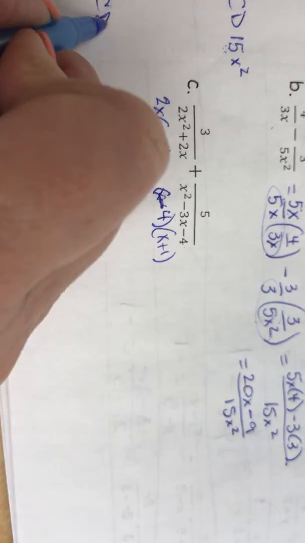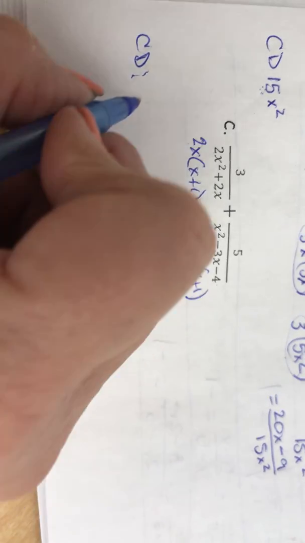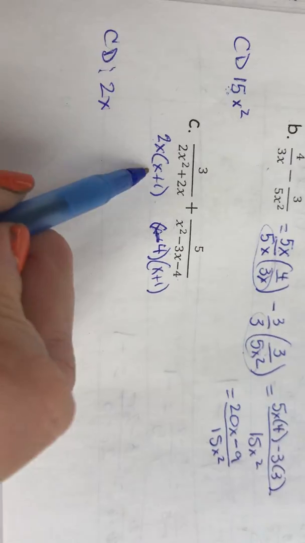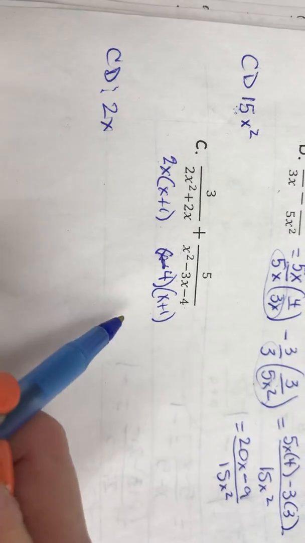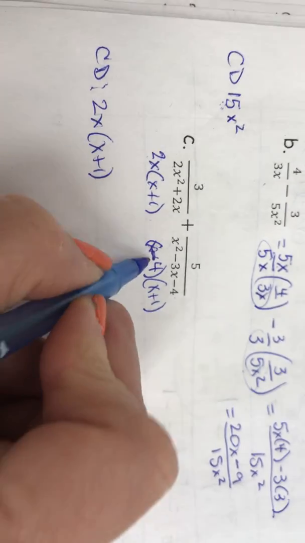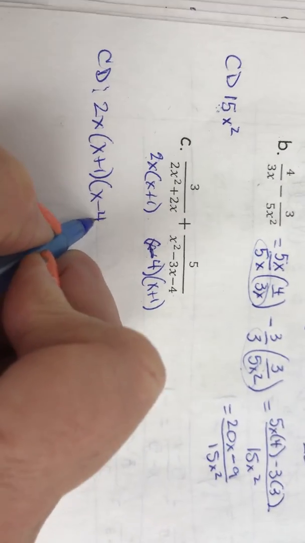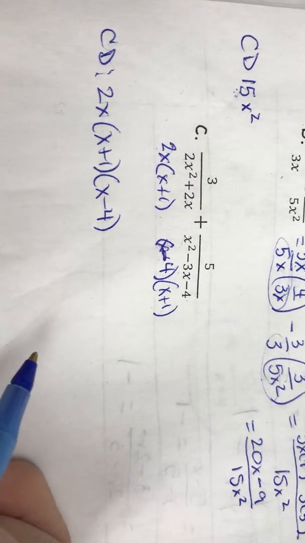So what's going to be my common denominator? Well, I'm going to need a 2x because that's missing here. I have an x plus 1 in both, but this x minus 4 is missing here. So this is common, but I'm going to need this as well. You're basically taking one of each part.